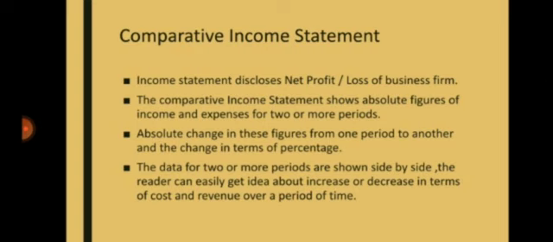So the format of the comparative income statement consists of 5 columns, and both the comparative income statement as well as the balance sheet consist of 5 columns. Which are those 5 columns? First one is particulars, where in case of income we have to mention income and revenue, or expenses.